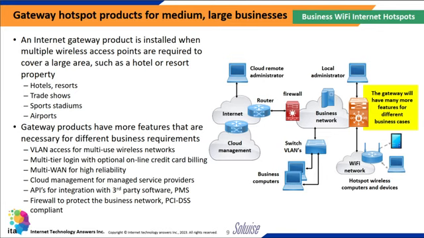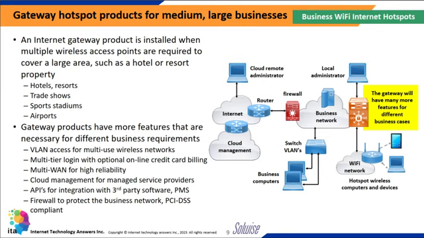For larger businesses, we would install gateway products and have multiple wireless access points connecting to those gateway products. Typically, a hotel with 100 rooms might have 20 wireless access points to provide service, and those are connected back to the gateway product. The gateway product also has more features than the basic wireless product, because businesses are looking for, for example, multi-use wireless networks.